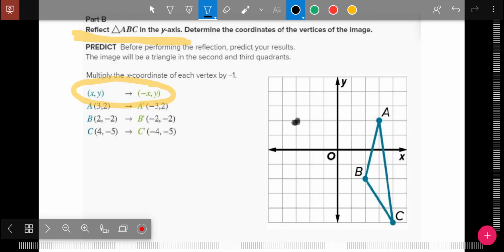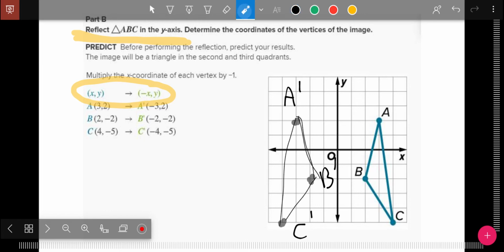And then B was (-2, -2). So like right there. C was (-4, -5). So like right there. And again, those would be A image, B image, C image. And I would graph that if I wanted to look like it got reflected over the y-axis.